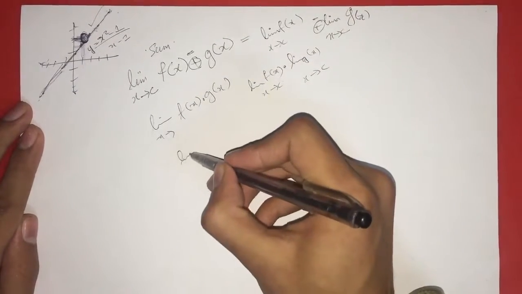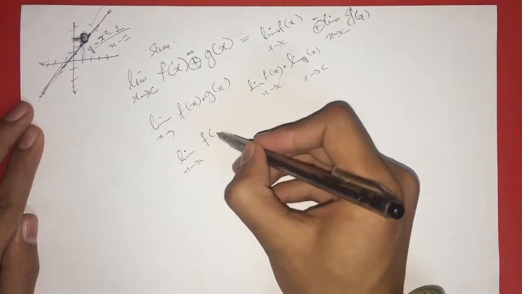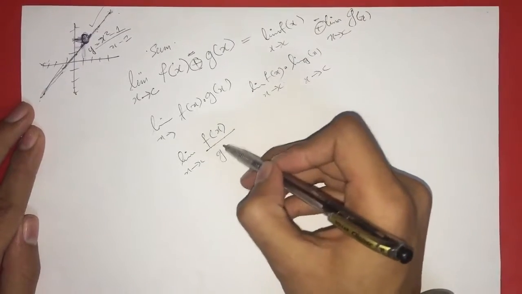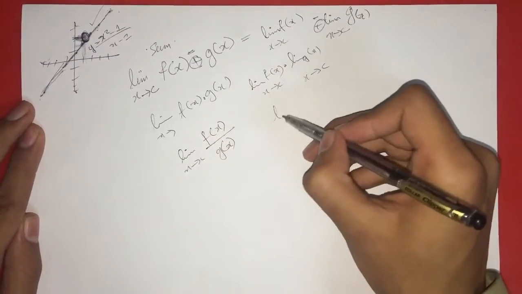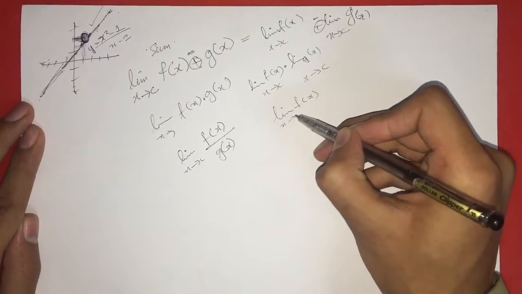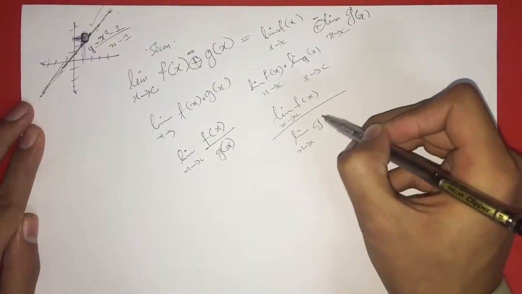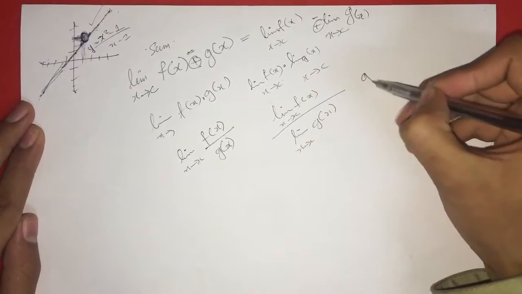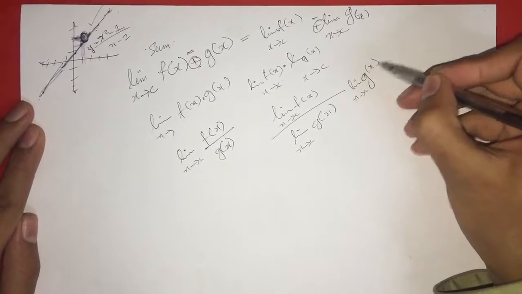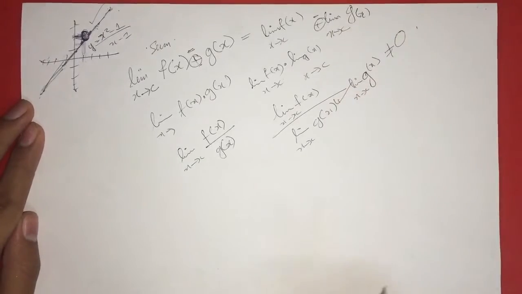In the division case, the limit as x approaches c of f of x divided by g of x equals the limit of f of x as x approaches c divided by the limit of g of x as x approaches c, if and only if the limit of g of x as x approaches c is not equal to 0, because anything divided by 0 is undefined.